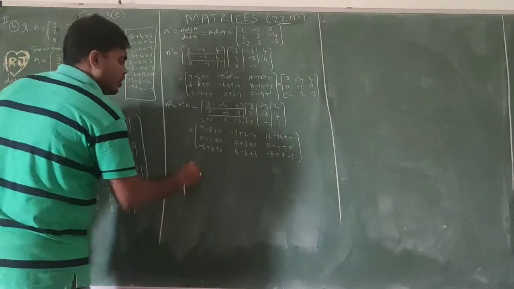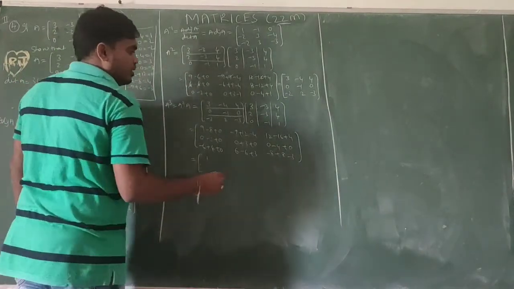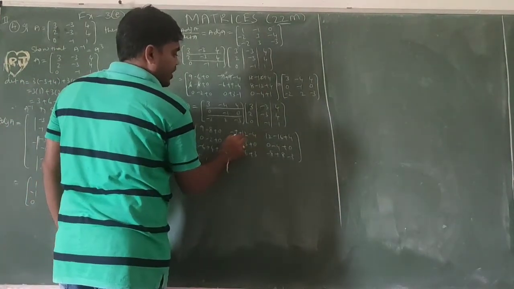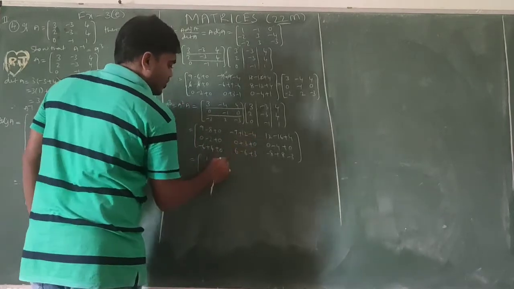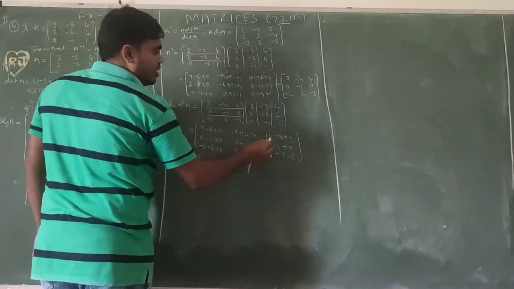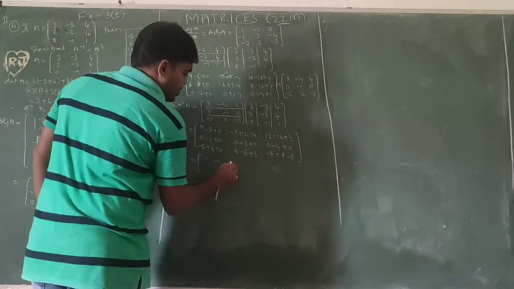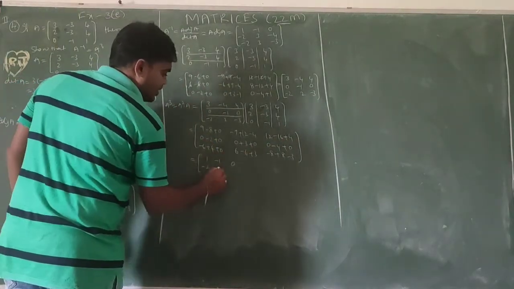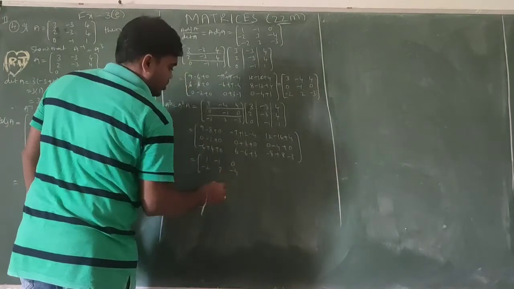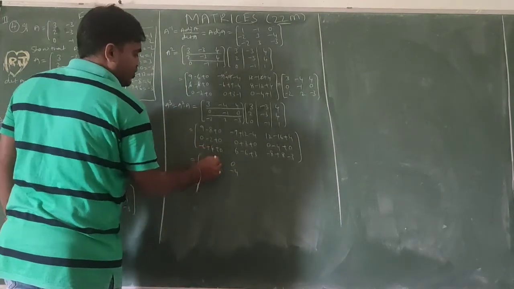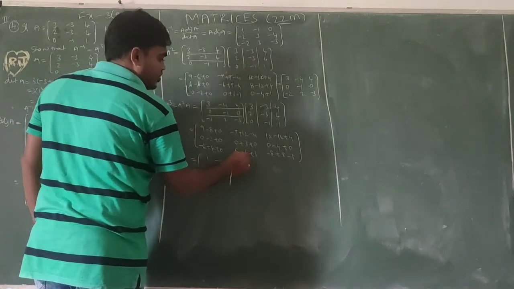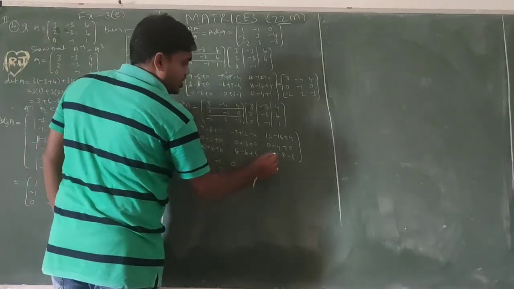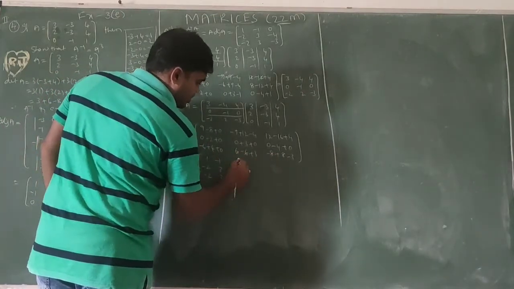Okay, now 9 minus 8 is 1, minus 9 minus 4 minus 13 plus 13 is 0. Next 12 plus 4 is 16 minus 16 is 0. Minus 2 plus 3 minus 4 minus 6 plus 4 minus 2, 6 cancels plus 3, 8 cancels minus 3.